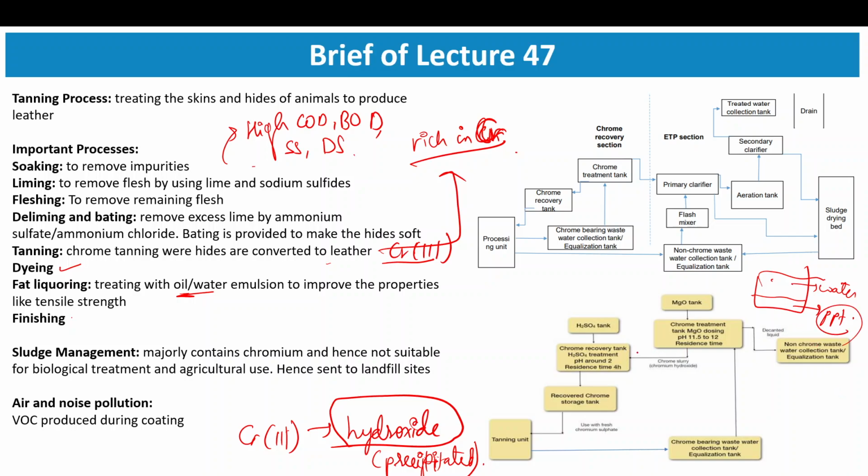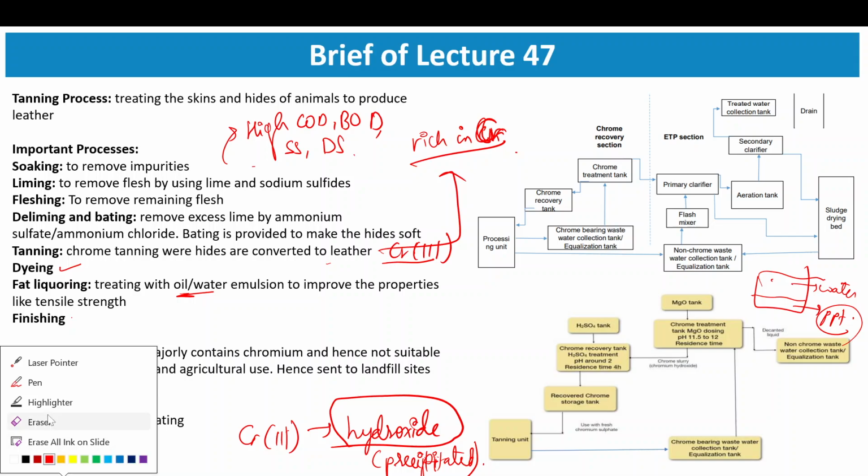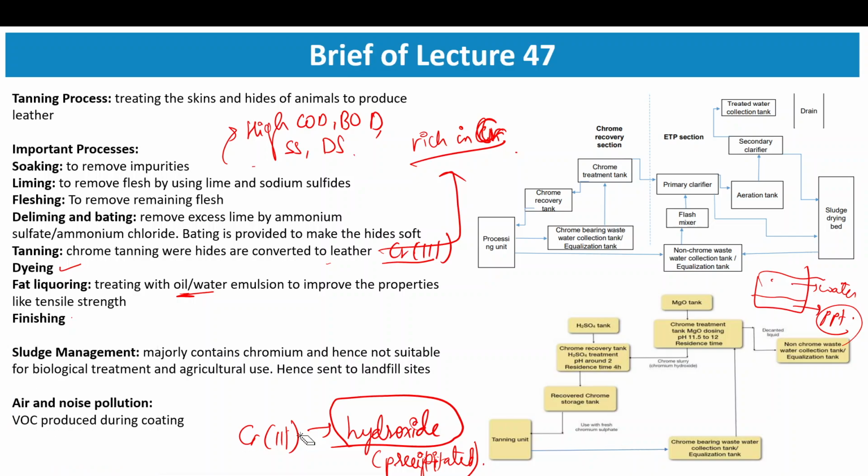Further, to recover or reuse those chromium precipitates, you can treat them with sulfuric acid, taking the pH around 2 to form chromium sulfate. That recovered chromium, in the form of chromium sulfate, you recycle back to the process and it can be reused.